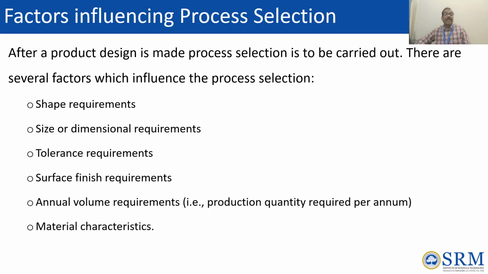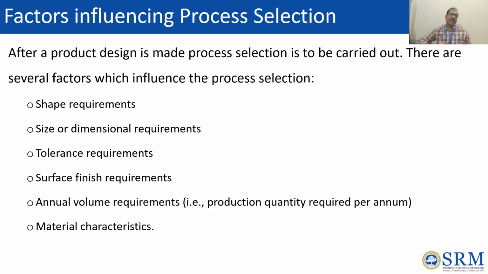Then what kind of material characteristics? Maybe in the next slide I'll discuss factors influencing material selection, but material characteristics are very, very important. Whether we are handling a cast iron component or mild steel component, or plastic, aluminum or composite material, or some other material like clay or rubber. It depends on the material characteristics. What is the hardness of the material?